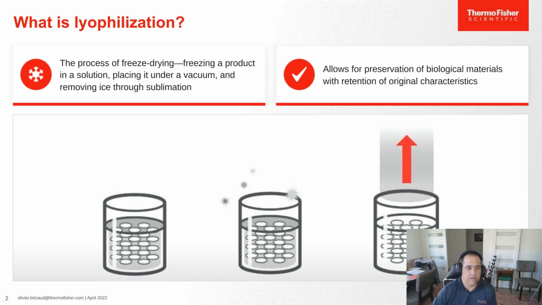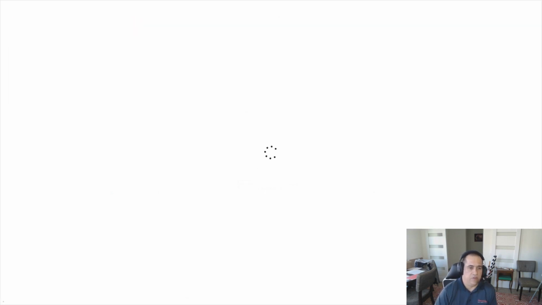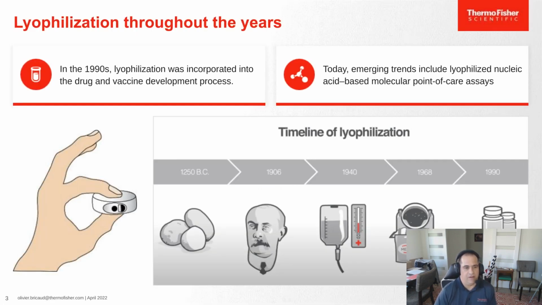It is a technique that was used very early on for food and so forth, but was used in drug and vaccine development relatively recently, around the 90s. However, today it's really becoming an emerging trend in molecular point of care assays, for different reasons, but really for the flexibility that lyophilization affords for this type of assay.